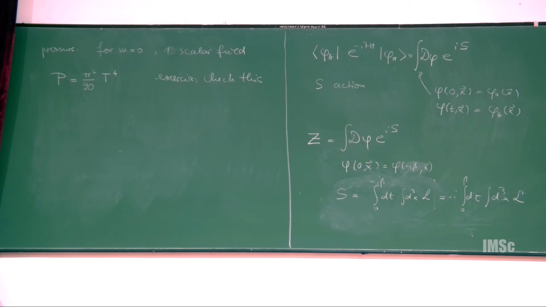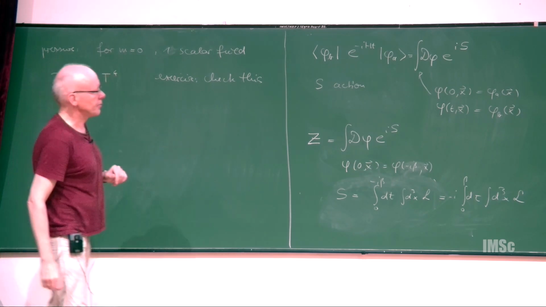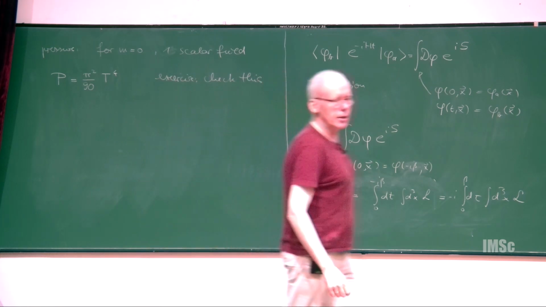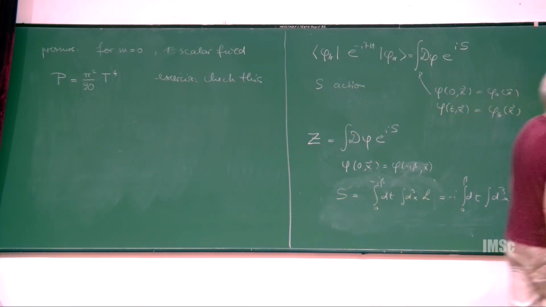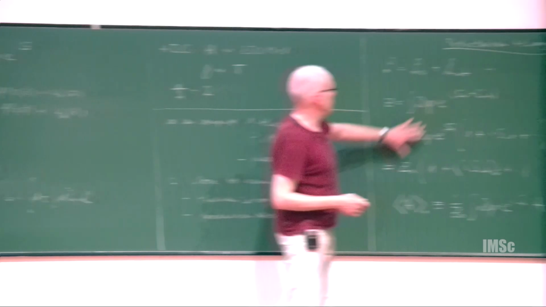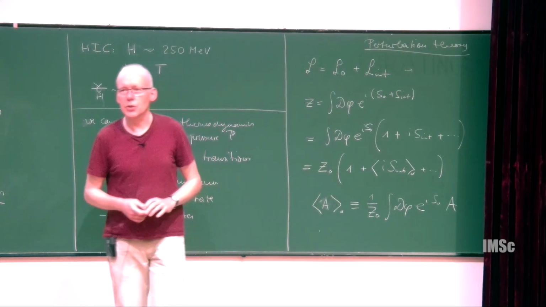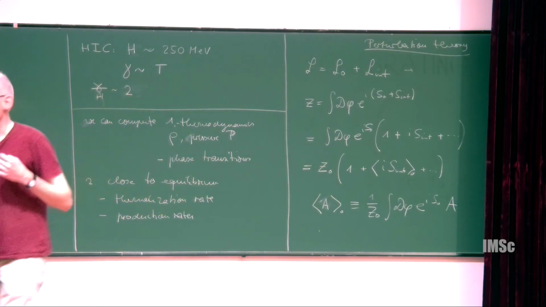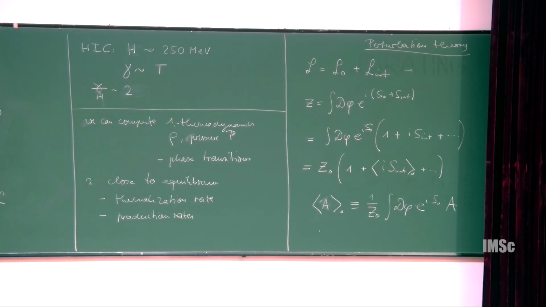Okay, now this was for massless particles. We could also get the non-zero mass case from Landau-Lifshitz, but it's actually instructive to use this perturbation theory to compute the first correction to this expression.